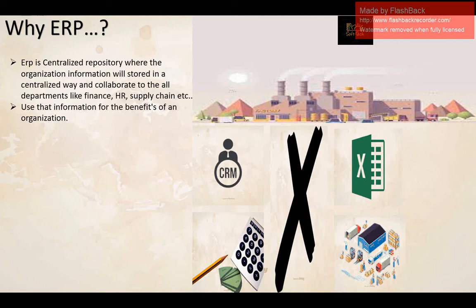For this problem, modern ERP comes into the picture.